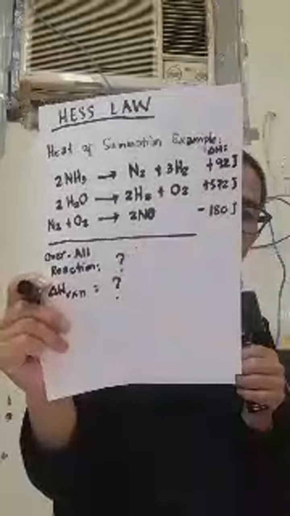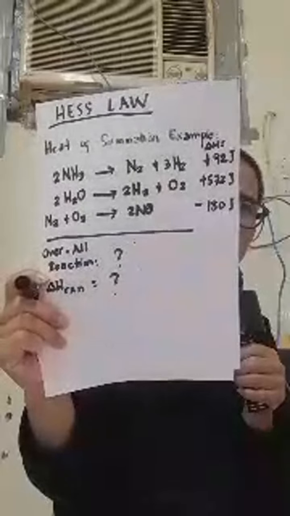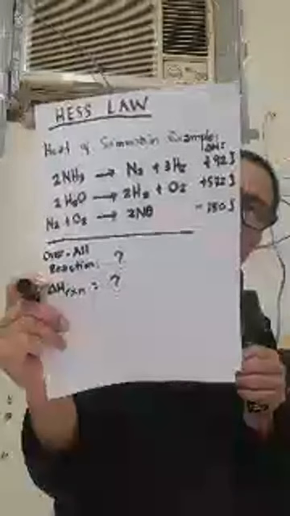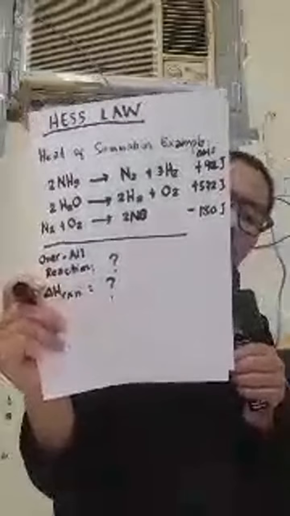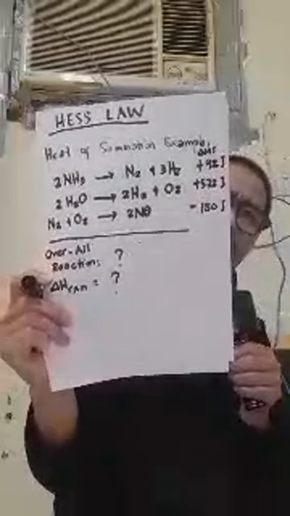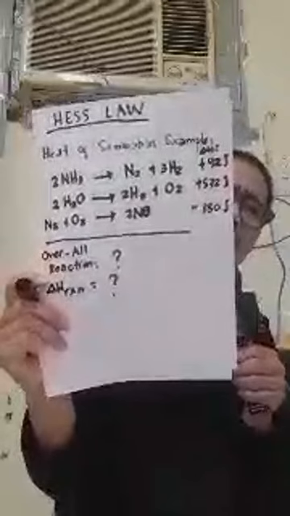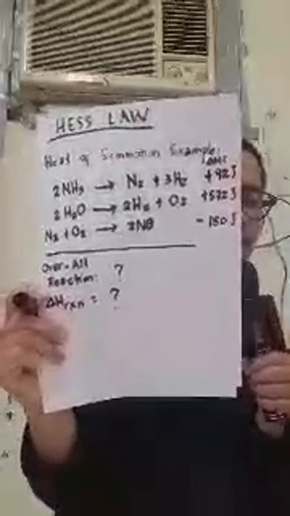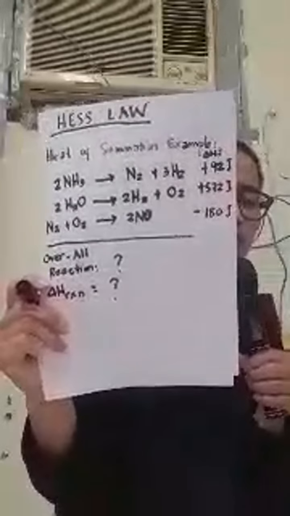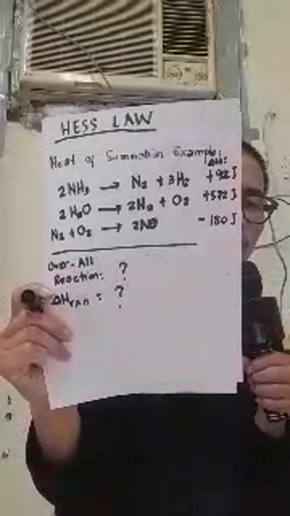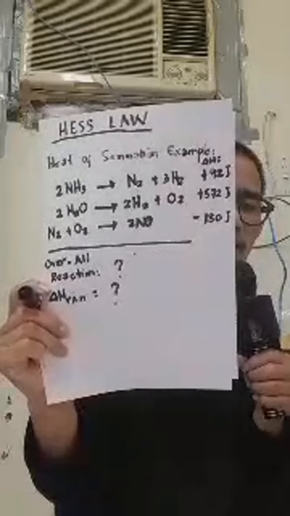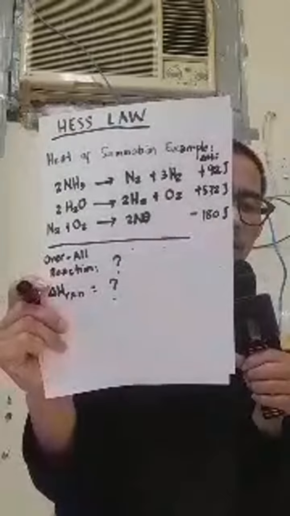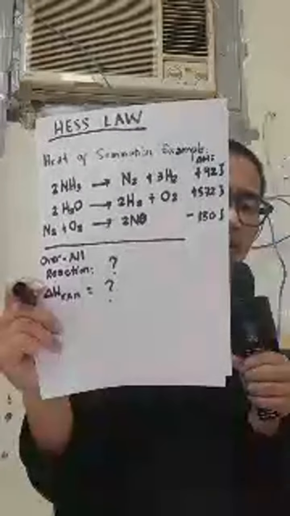That is not our concern here, because we are not talking about entropy and Gibbs free energy, or how spontaneous the chemical reaction is. Our concern here is to obtain the change of enthalpy, or the heat content, of this chemical reaction. Now, the second chemical reaction: 2 moles of water is equal to 2 moles of hydrogen gas plus oxygen gas. And then the third chemical reaction: nitrogen gas plus oxygen gas is equal to 2 moles of nitrous oxide.